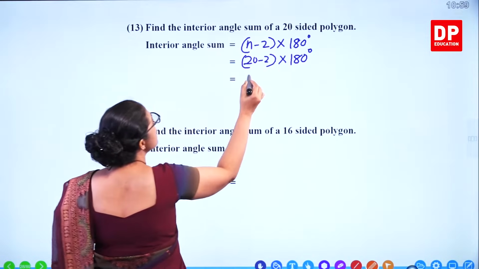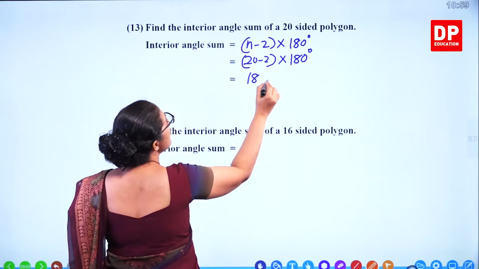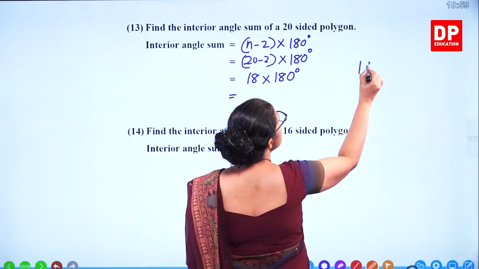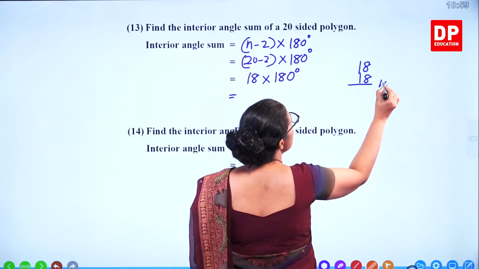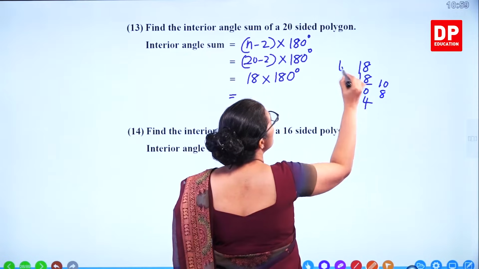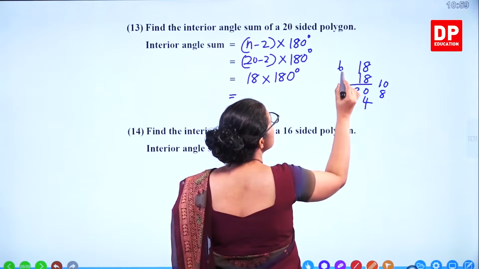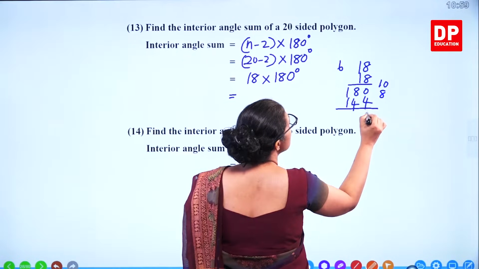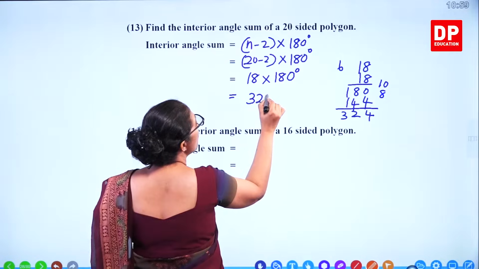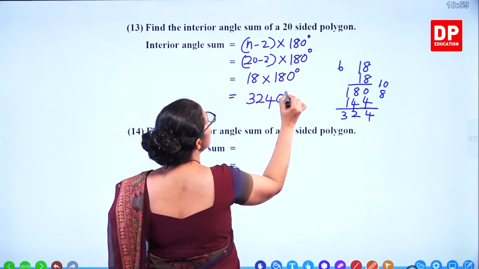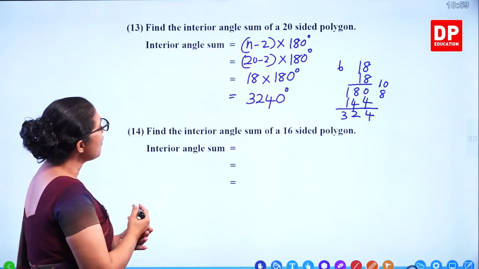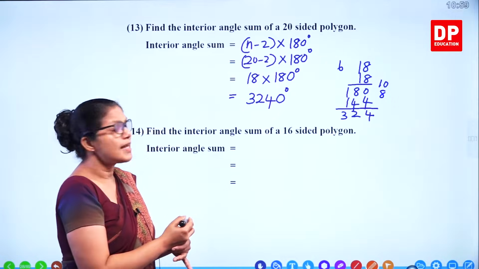That's 18 times 180. 18 times 18: 8 times 8 is 64, 8 times 1 is 8 plus 6, 14. 324 and there's a 0. So 3240 degrees.